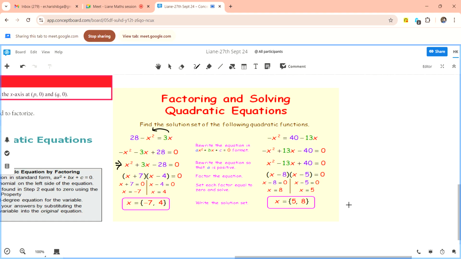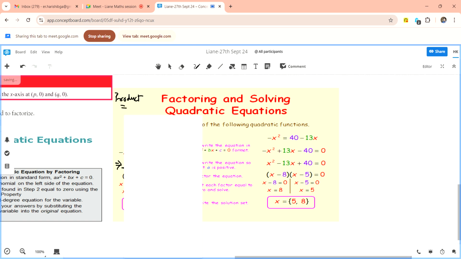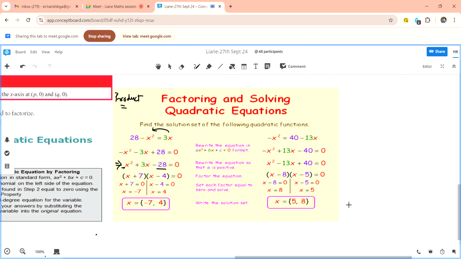What is the product? If I ask you what is the product number here, product means the multiplication. So what is the product number over here? The product number is always your constant term multiplied with the coefficient of x square. If you see the coefficient of x square right now, it's nothing, just 1.